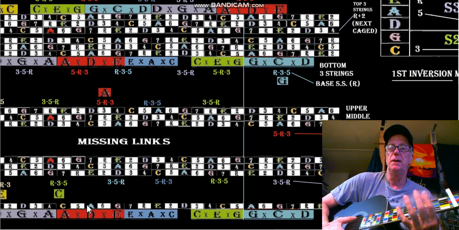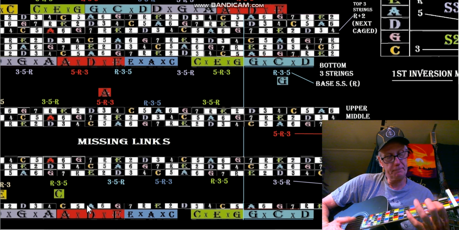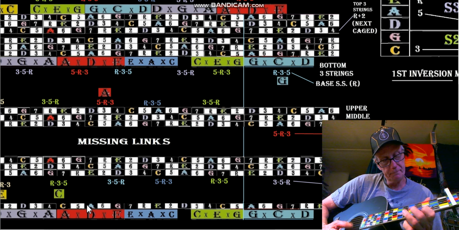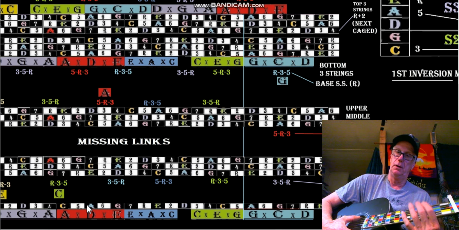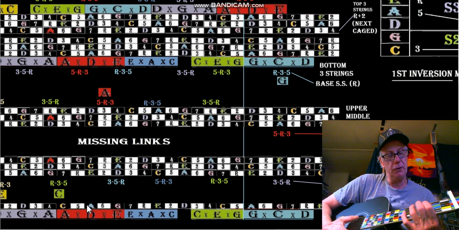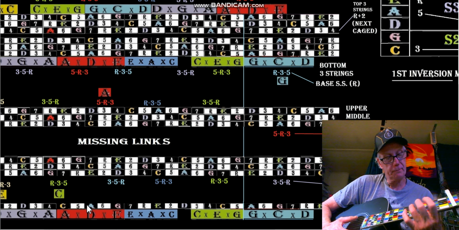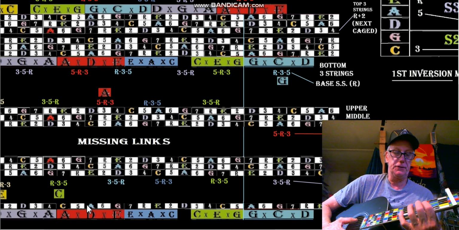because the A build is the diatonic. Okay, so we start on the A, we go to its 5th, or root plus 3. Pentatonic is just like this.